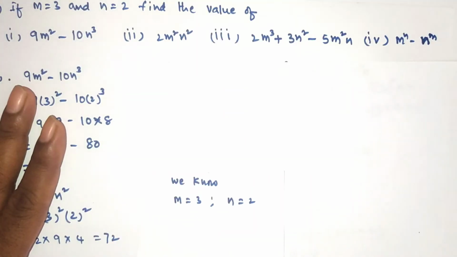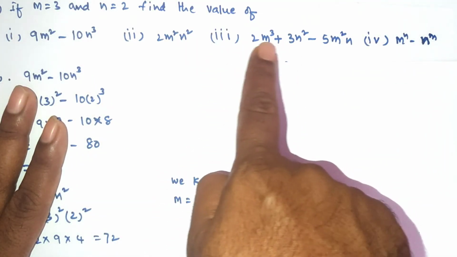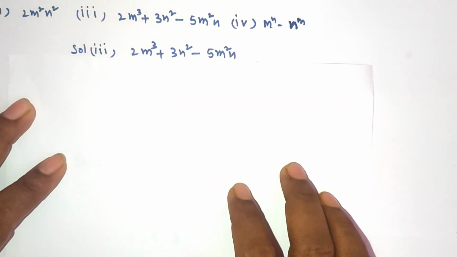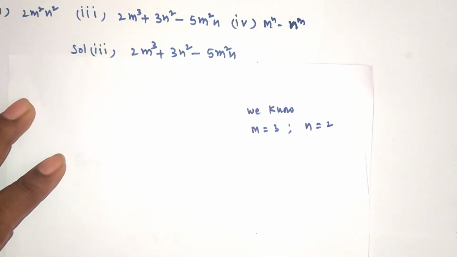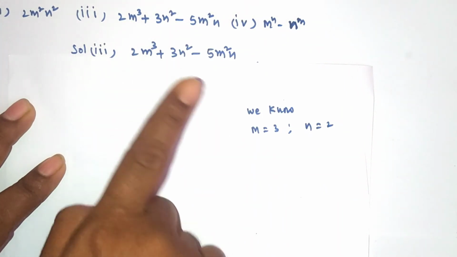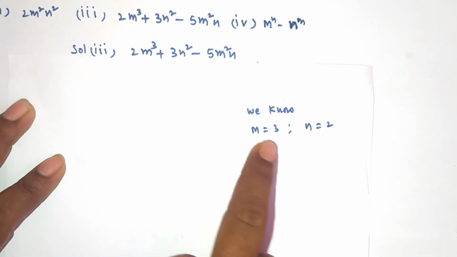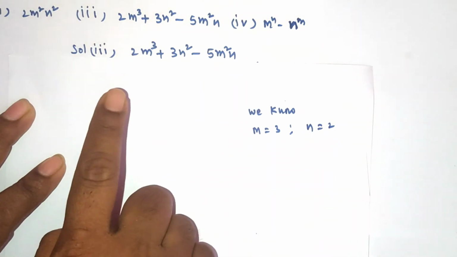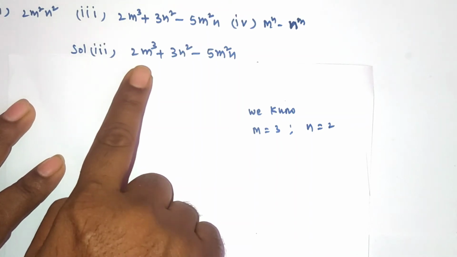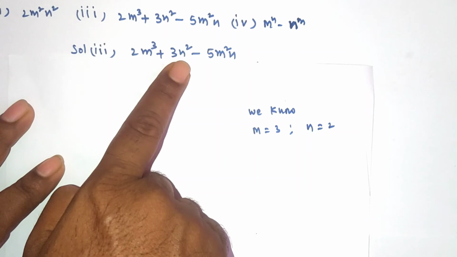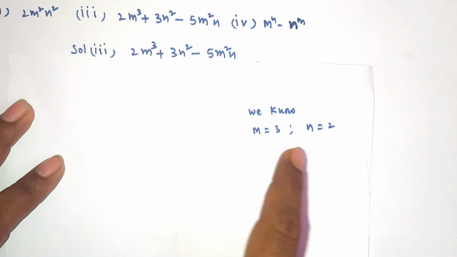Let us solve the third problem. This is the third problem. Here we know the values of m and n. M value is equal to 3, n value is equal to 2. As we have done in earlier problems, we have to replace the values of m and n with 3 and 2.